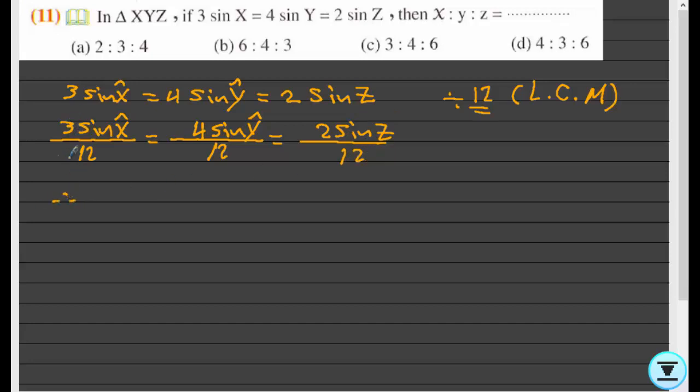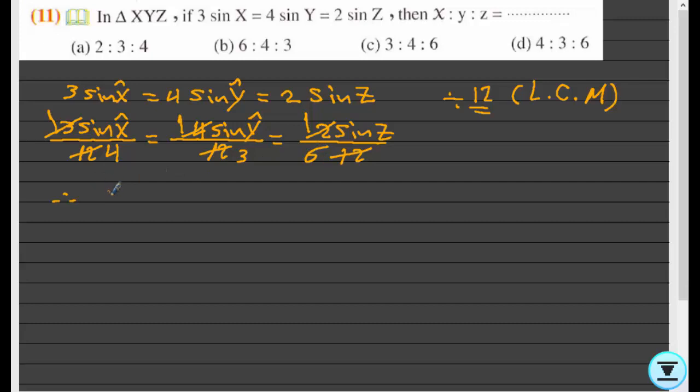So dividing up and down by 3, what do we get? 3 divided by 3 equals 1, 12 divided by 3 equals 4. Dividing up and down by 4, 4 divided by 4 equals 1, 12 divided by 4 equals 3. 2 divided by 12 equals 1 over 6.